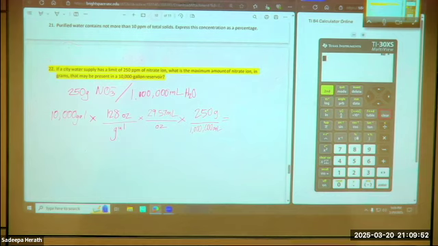So let's do this. Either way is fine, it doesn't really matter. 10,000 times 128 times 29.57 times 250 divided by 1 million, 10 to the 6, however you want to write it.